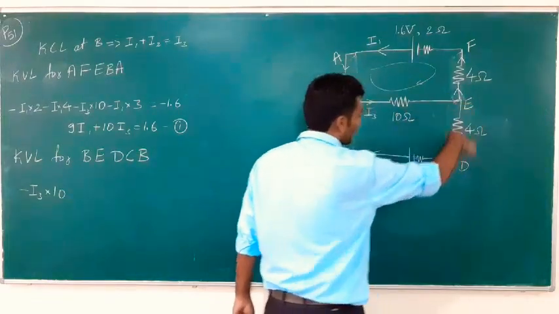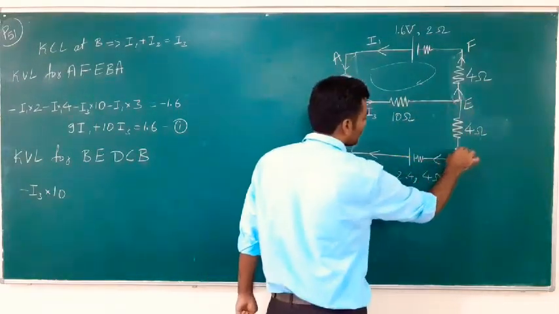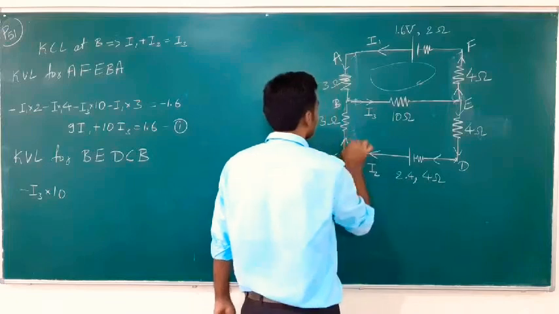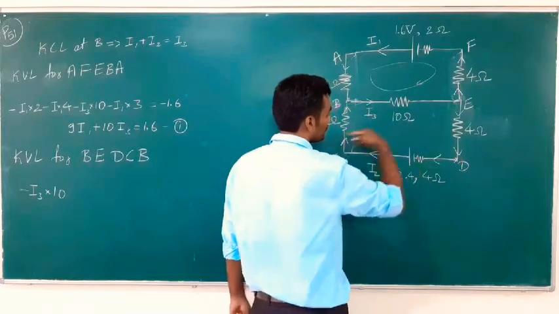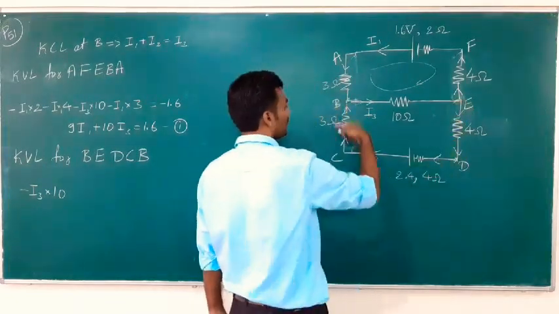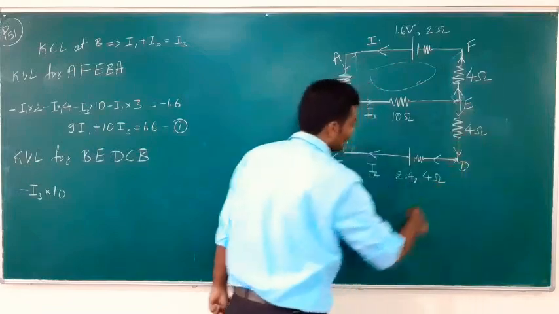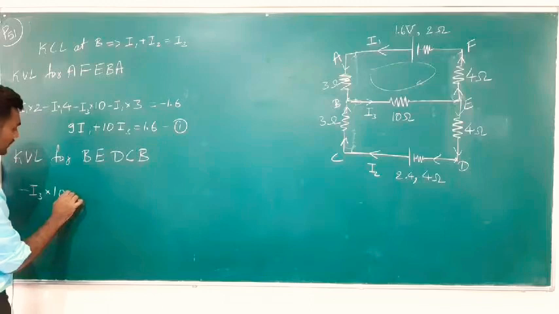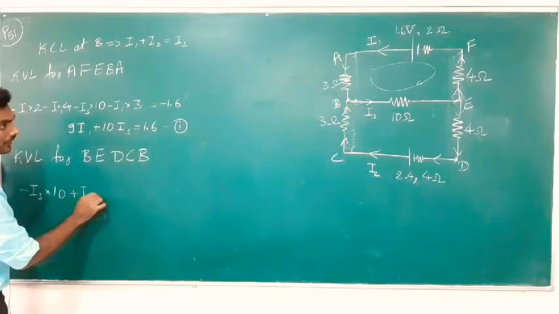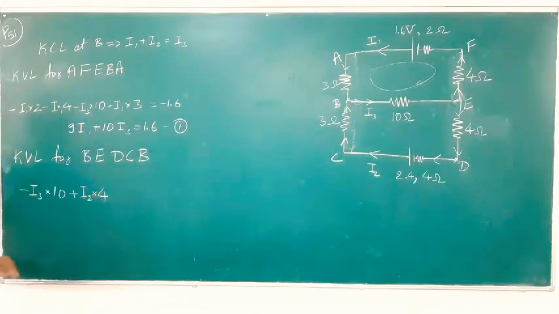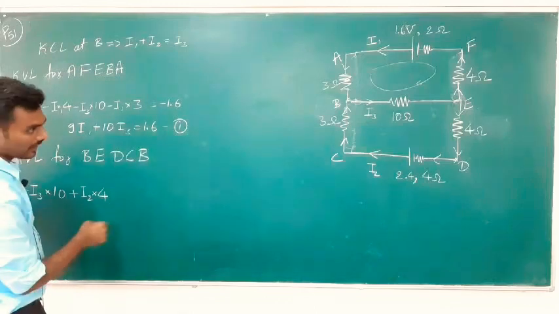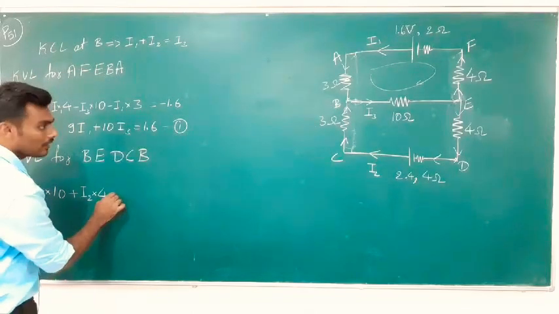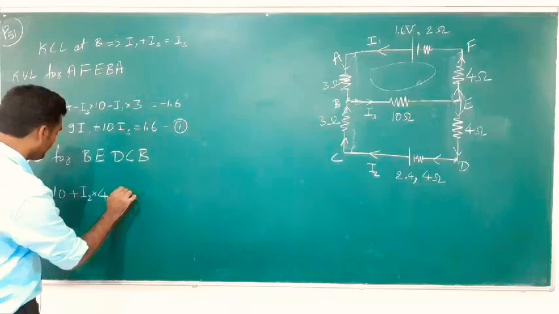Then E to D, the direction of current is same like this in the entire circuit, which is I2. From here to here it is I2. Okay, so same as the direction of traversal, so it is plus I2 into 4. Then I move forward, I have internal resistance of 4 ohm and the direction of current is same, plus I2 into 4.